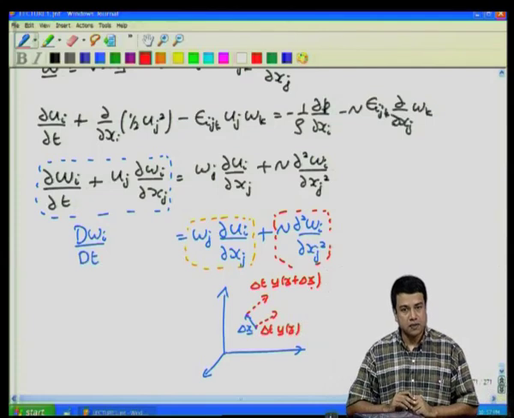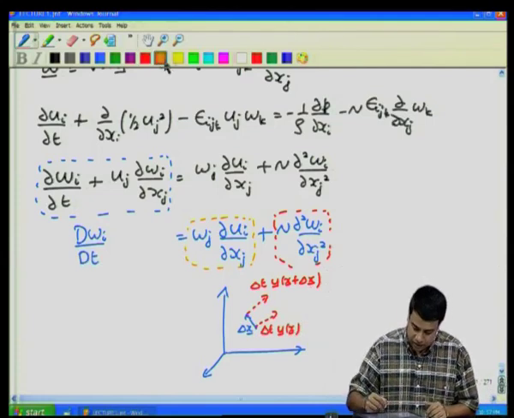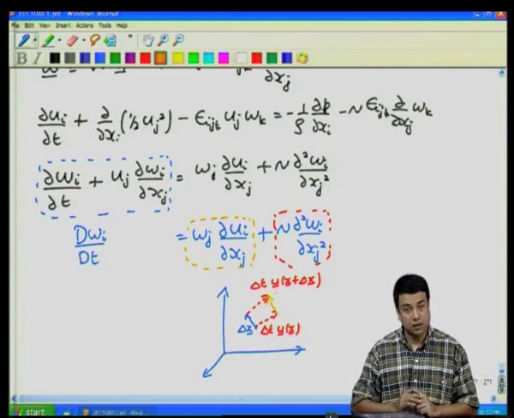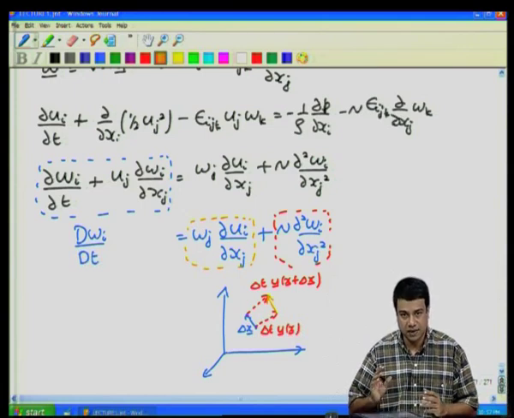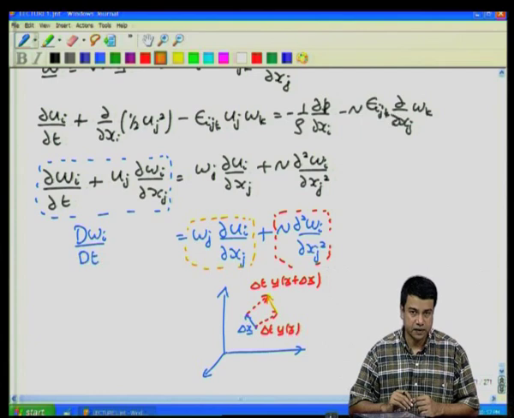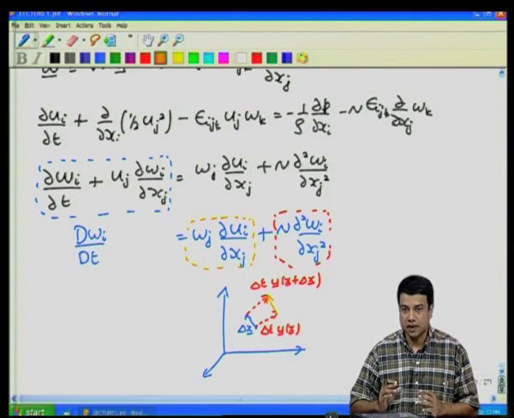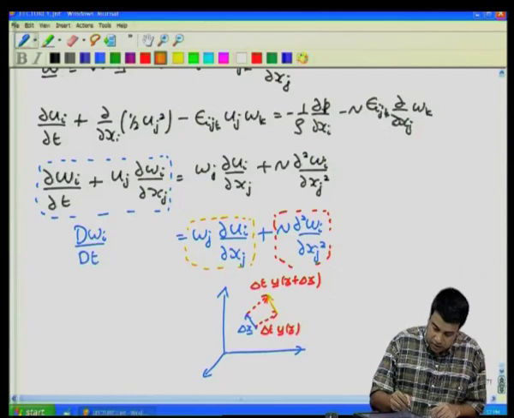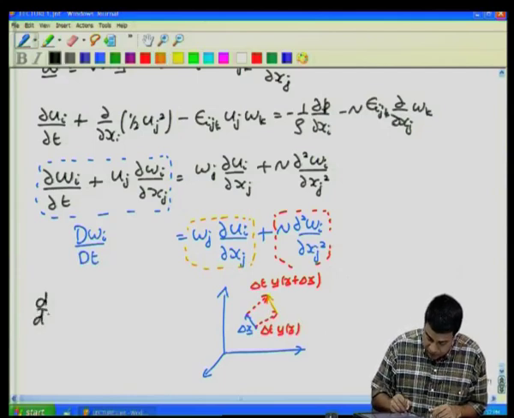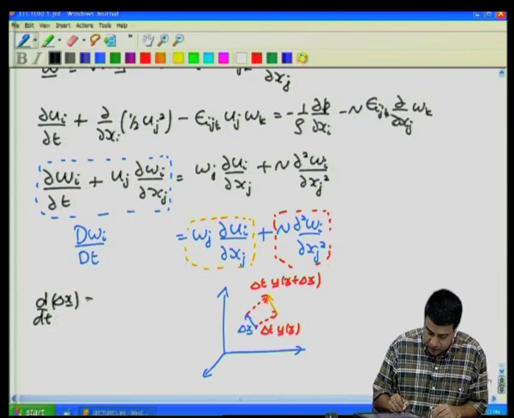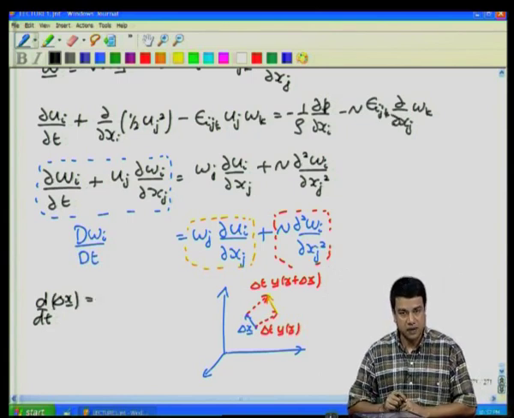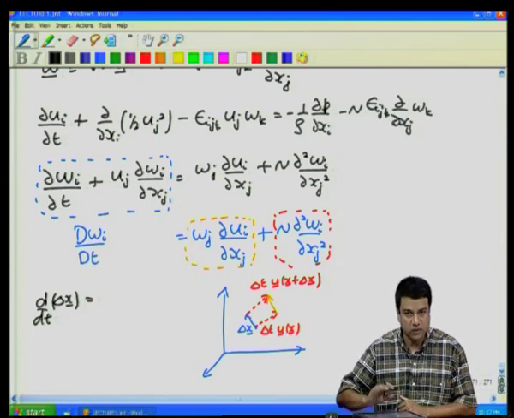So, the displacement at the time t plus delta t is going to be this new one, which is final position minus the initial position, delta t into u at x plus delta x minus u at x, which is basically equal to delta x dotted with grad u. u at x plus delta x minus u at x can be written as delta x times grad u. Therefore, you have the rate of change of this delta x vector, because this is a material element that is moving with the fluid.